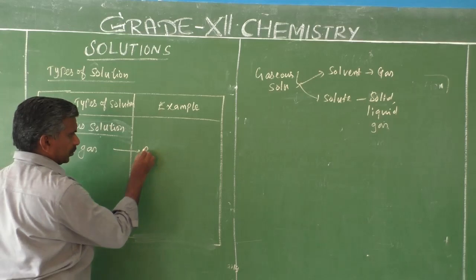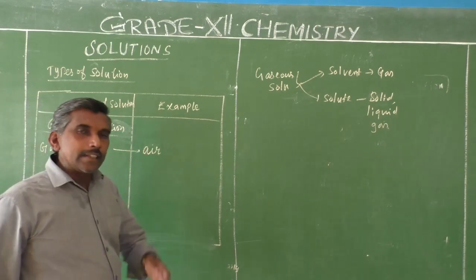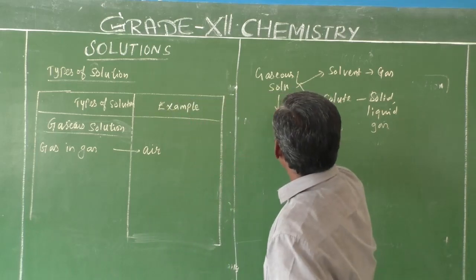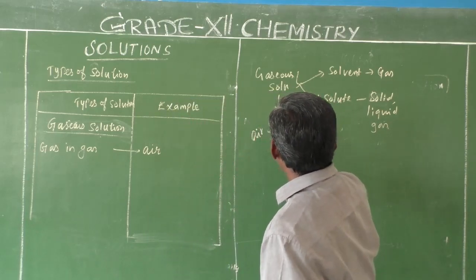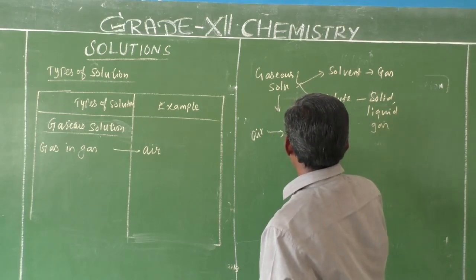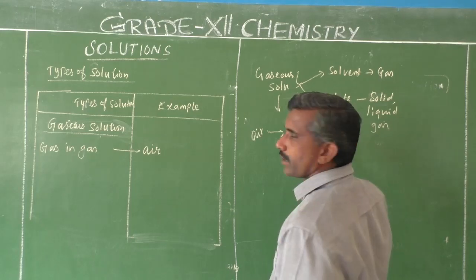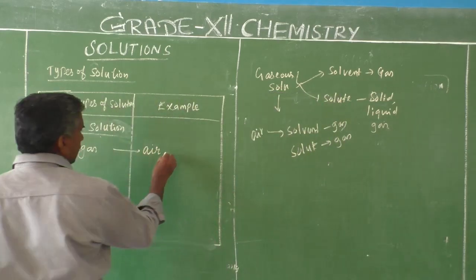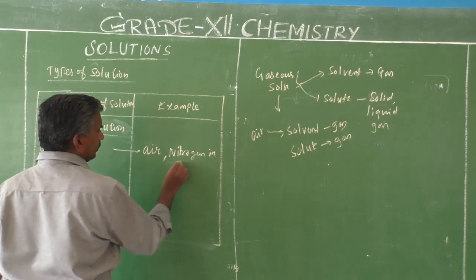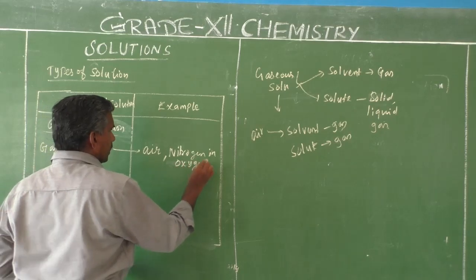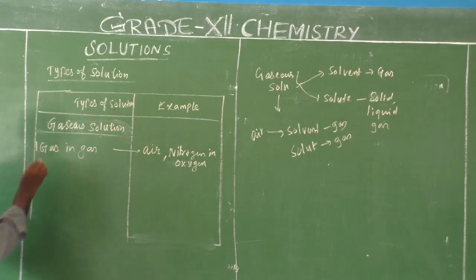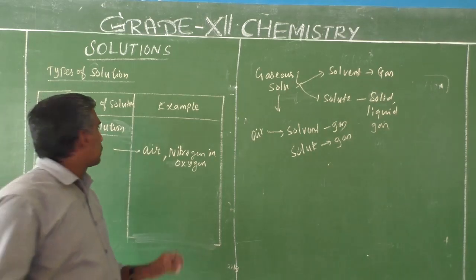Example, air. Air contains many gases, oxygen and nitrogen. In air, the solvent is a gas and the solute is also a gas. Two examples: nitrogen in oxygen, and oxygen in nitrogen.